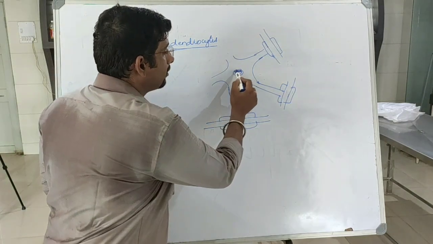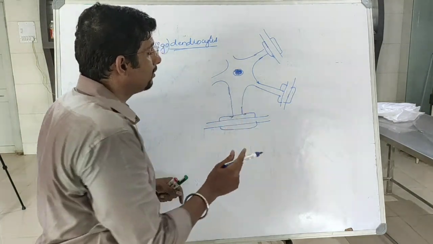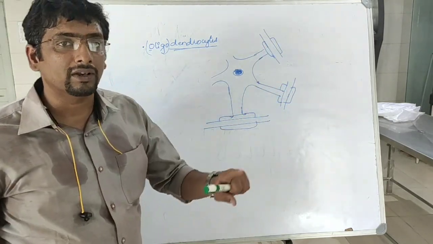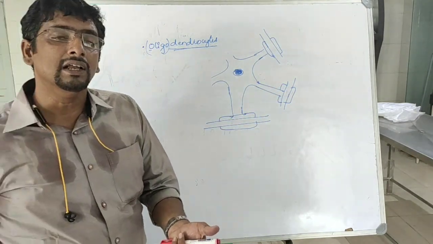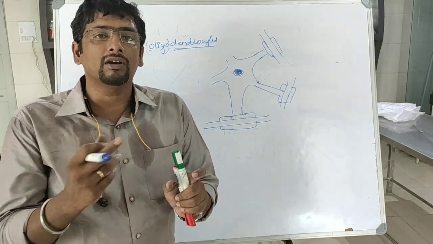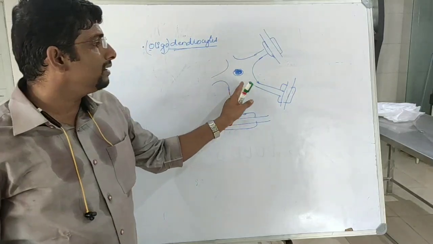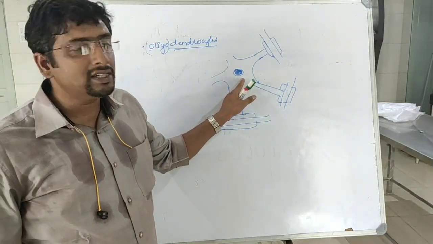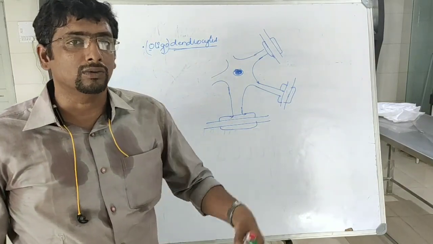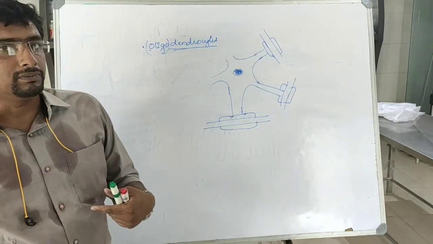One oligodendrocyte can form the myelination around multiple axons, not only one. But one Schwann cell does one axon on one segment. With oligodendrocytes, each and every process can do the myelination around the axons.